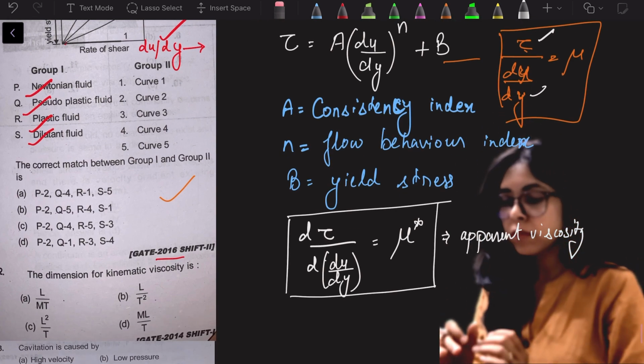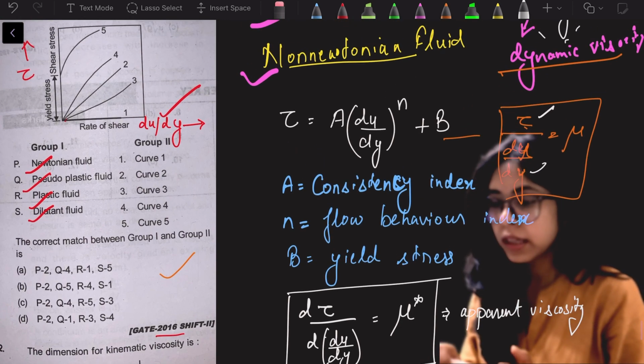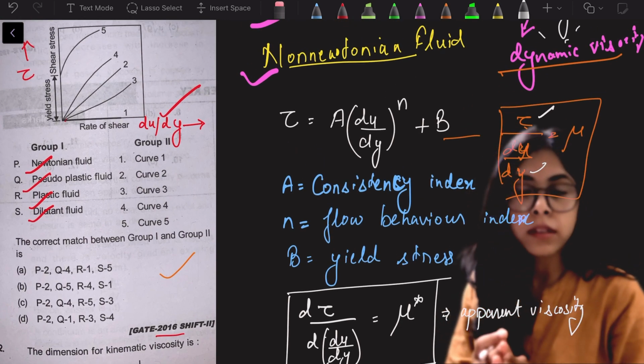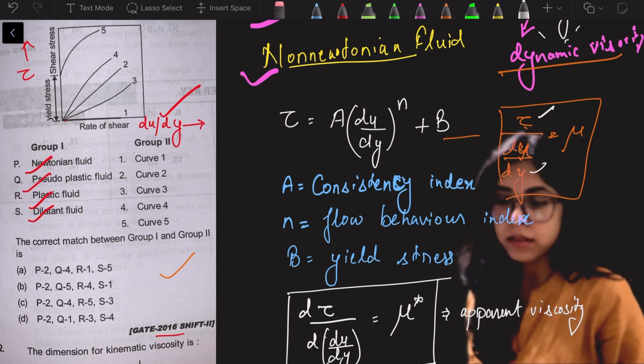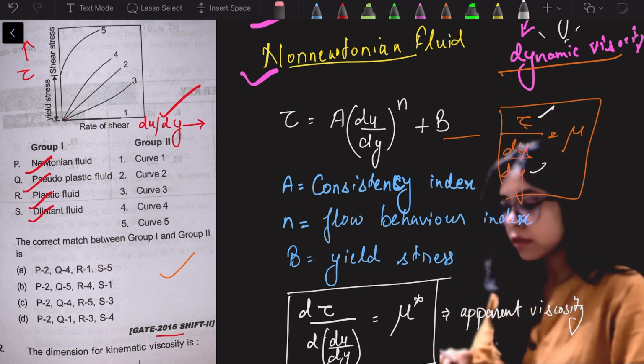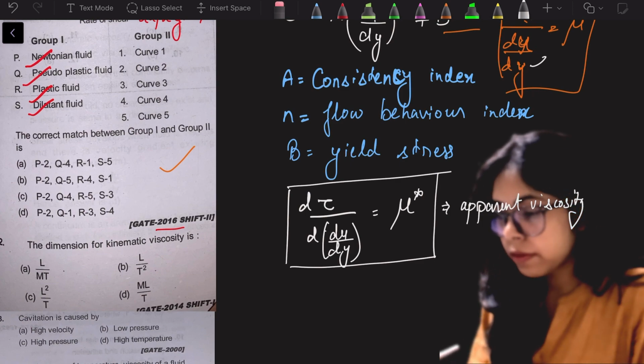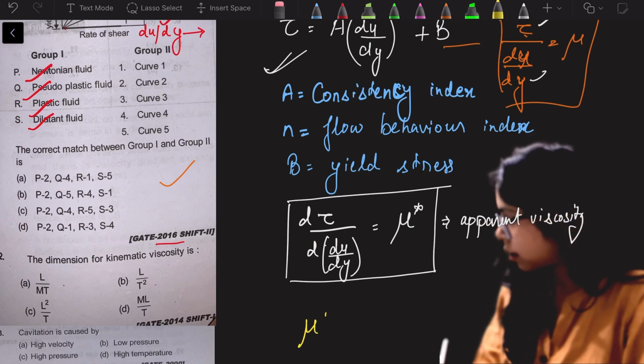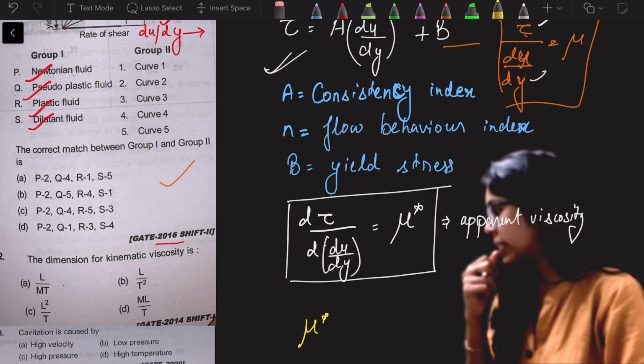Now, in non-Newtonian fluids, we don't get real viscosity or dynamic viscosity. We get apparent viscosity, the value of mu star, or mu apparent we can say.